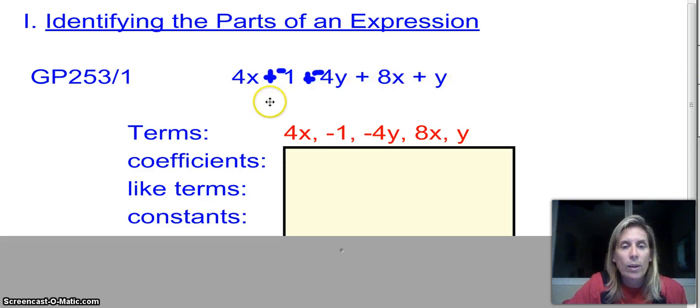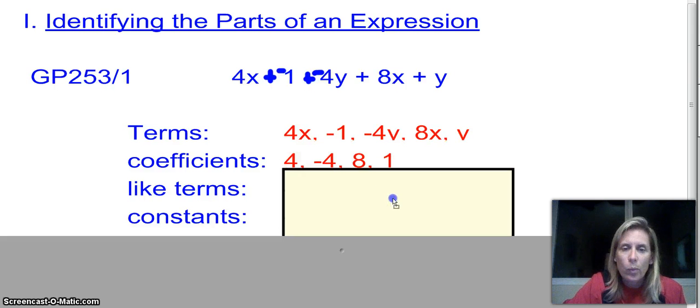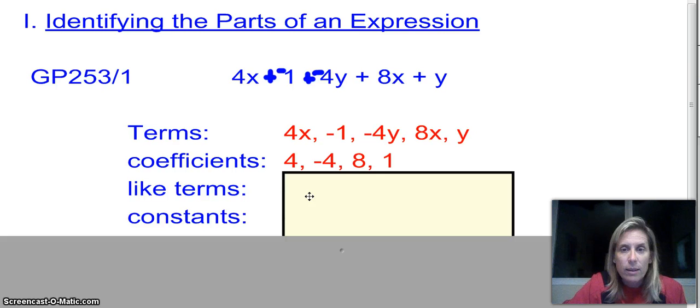Good. Now when we look for the coefficients, we have 4, there's no variable, so no coefficient there, -4, 8, and what is the invisible coefficient here? 1. Good. And like terms, we actually have 4x, right? And we have 8x's, so there are like terms.